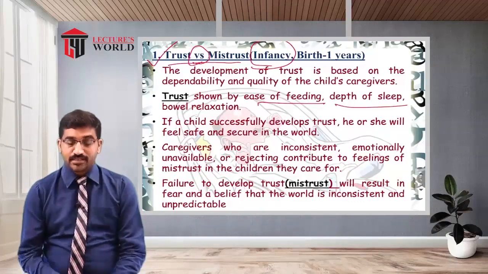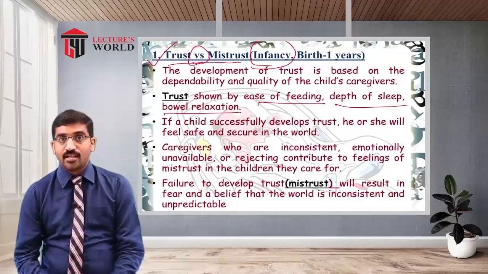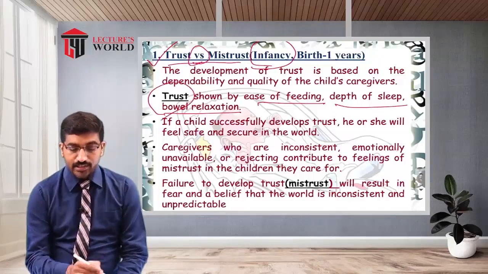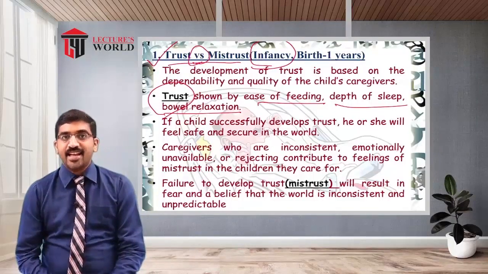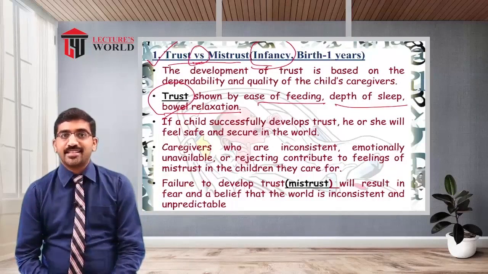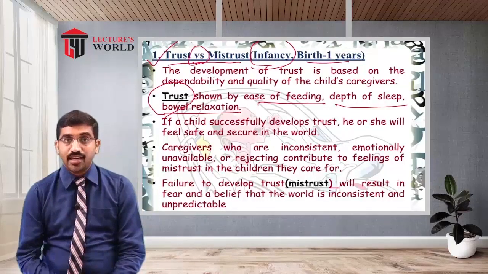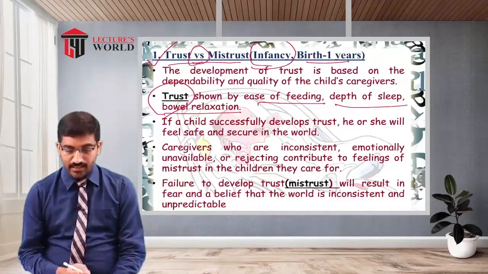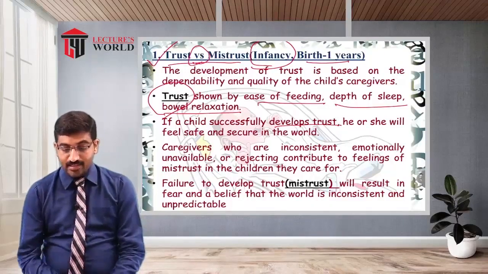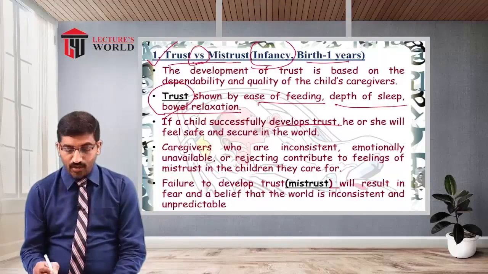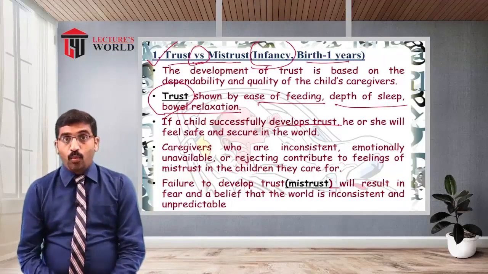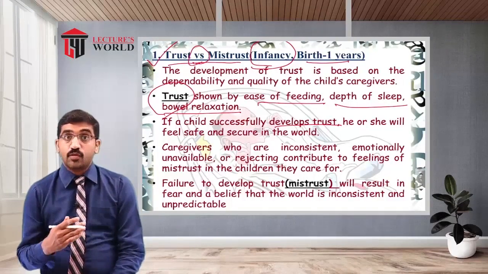Depth of sleep, bowel relaxation, because everywhere they are showing that trust. Because mother is taking care, they feel more protected and secure. So this is infancy. From birth to 1 year, trust develops, and if the child develops trust, he will feel safe and secure. Already I told you. But one condition: trust is versus mistrust.